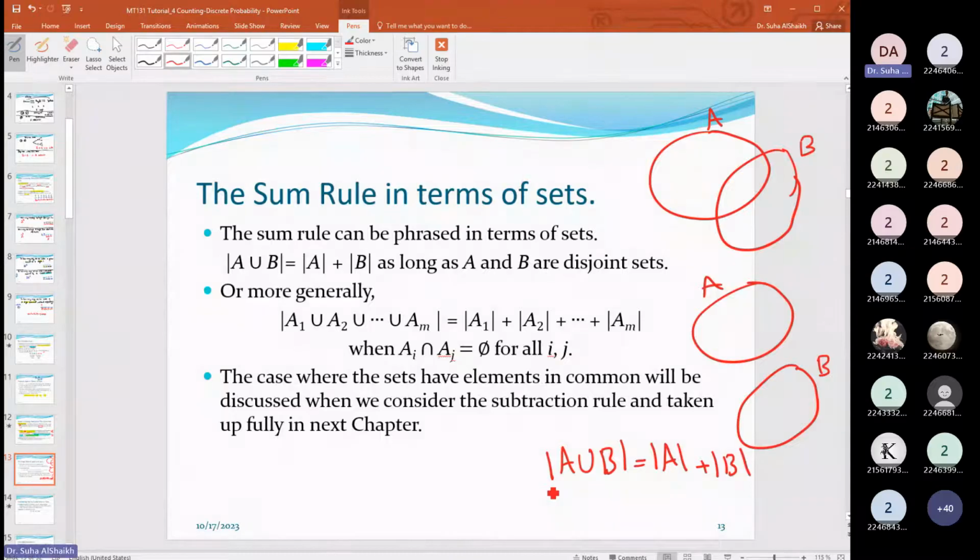The sum rule tells me that if it is this or this, and the union usually goes with "or", it is cardinality A plus cardinality B, considering that we don't have an intersection between them. In case of intersection, later on we will do the difference rule or the subtraction rule.